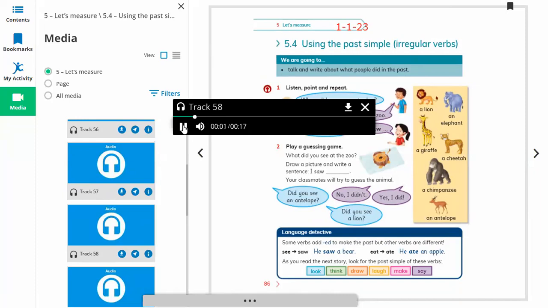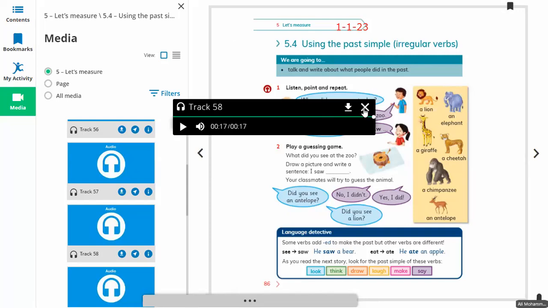Track 58. Where did you go yesterday? We went to the zoo. What did you see? I saw a lion, an elephant, and a giraffe. I saw a cheetah, pansy, and an antelope.